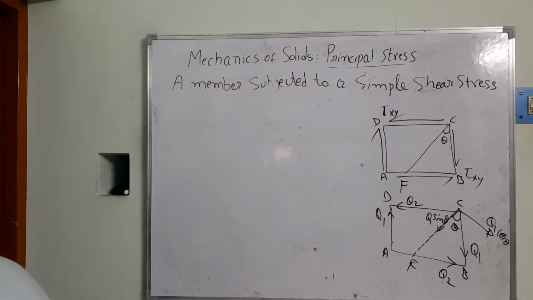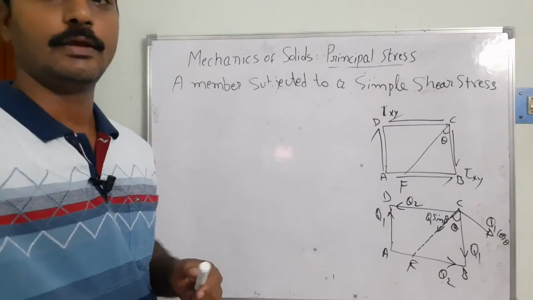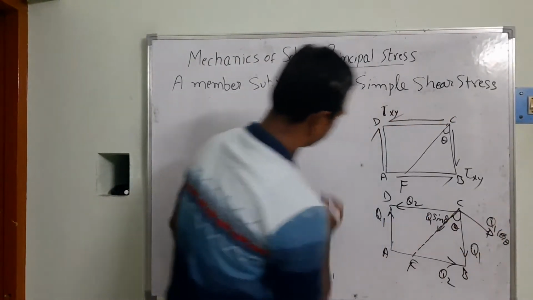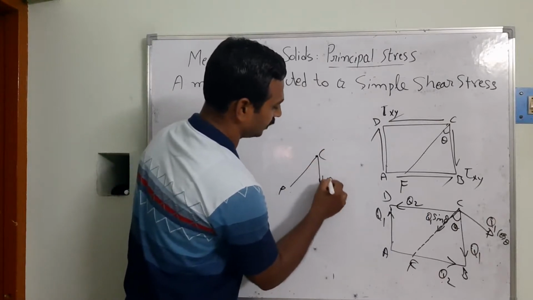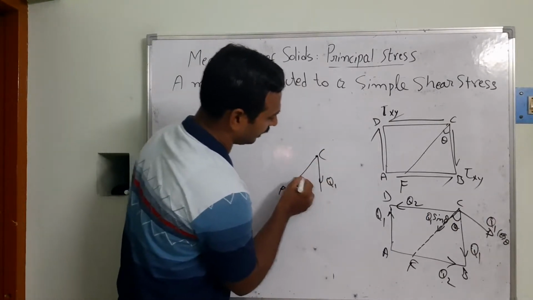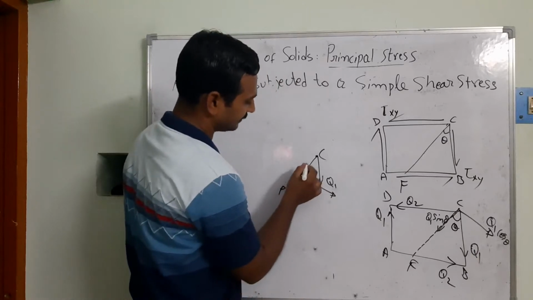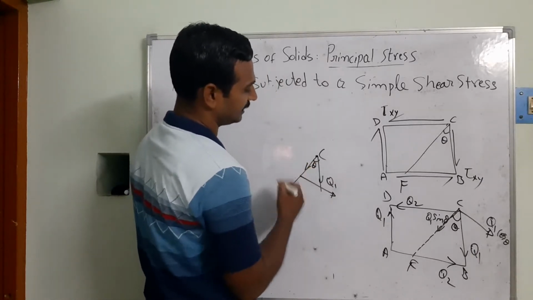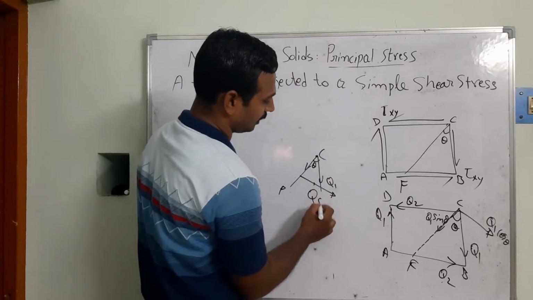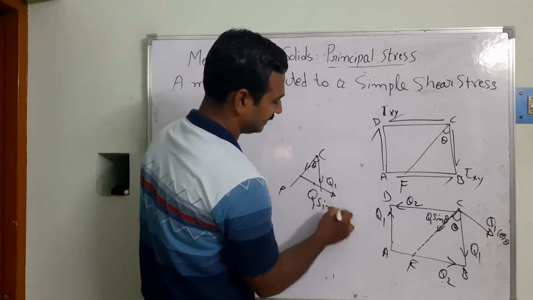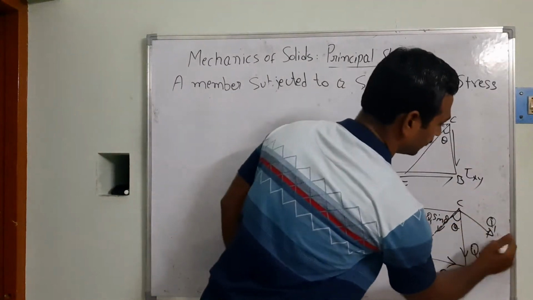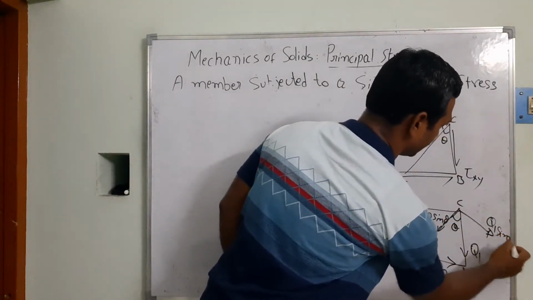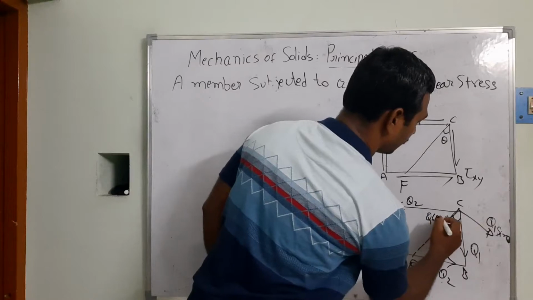The second one, suppose I take this as your FC face, and here the Q1 is there. When the normal force is coming to this side as well as to this side, then this is going to be the theta. So this one will become the Q1 sin theta and this is going to be the Q1 cos theta. Sorry, here this is going to be your sin theta and this is going to be your cos theta.